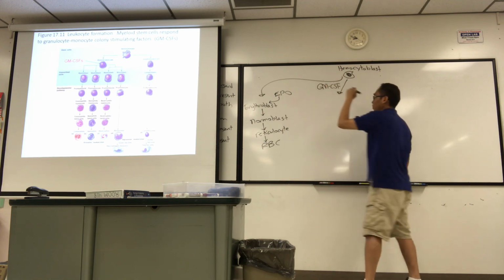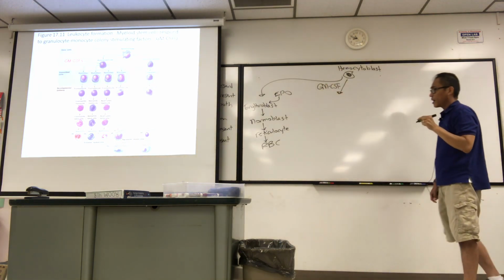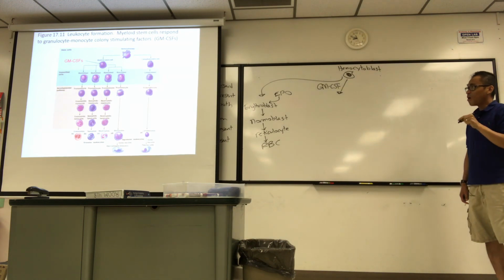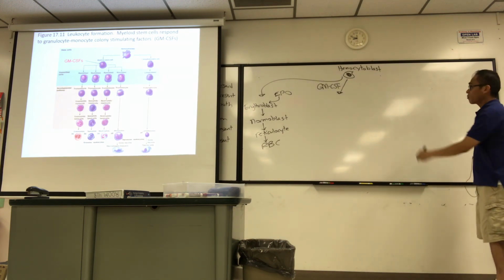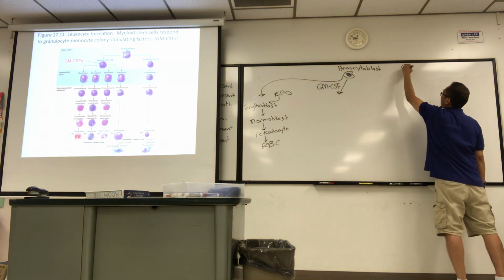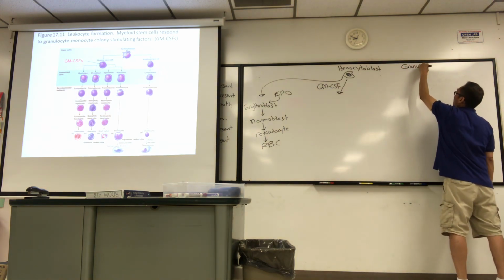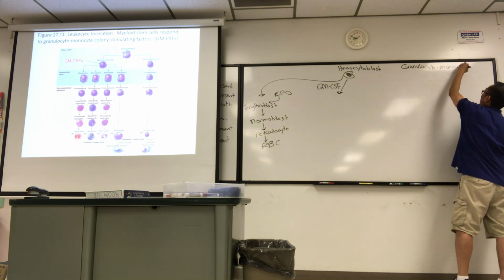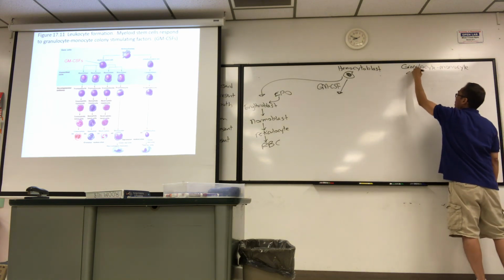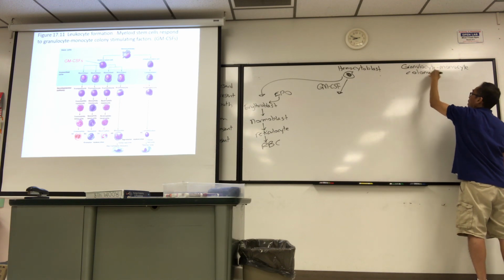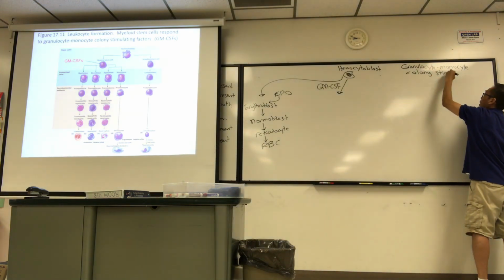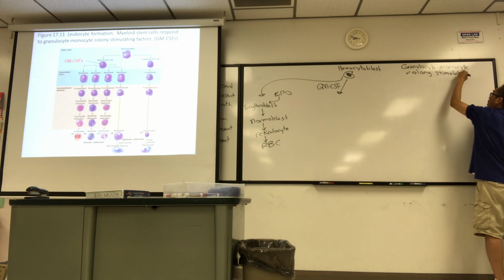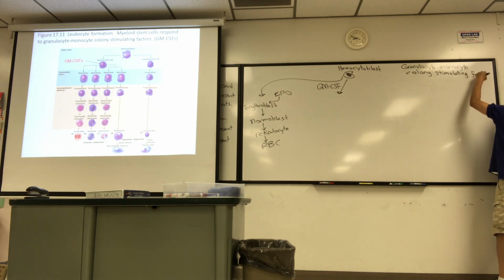I should write that out for you. That stands for granulocyte, monocyte, colony stimulating factor. I'll write it out for you. How about over here? Granulocyte, monocyte, colony stimulating factor.